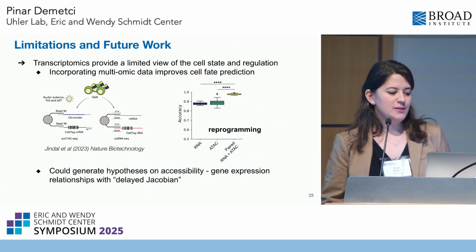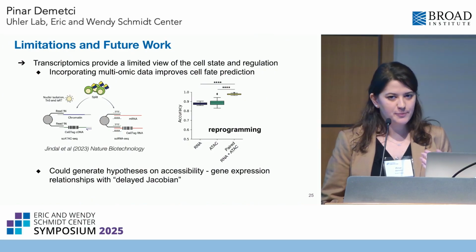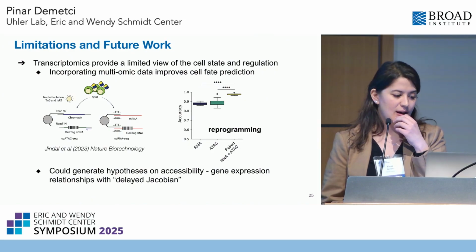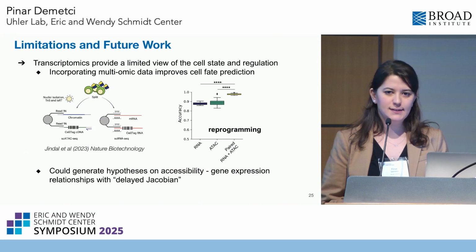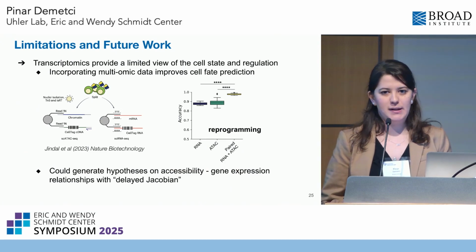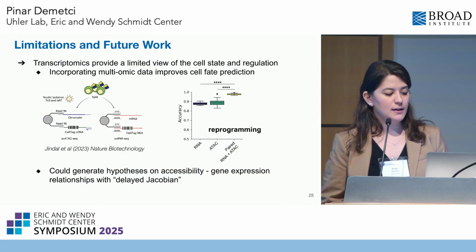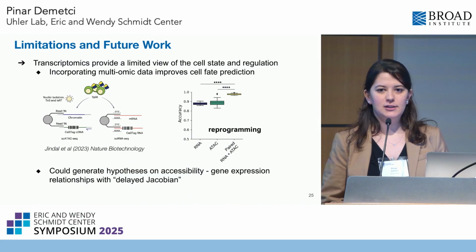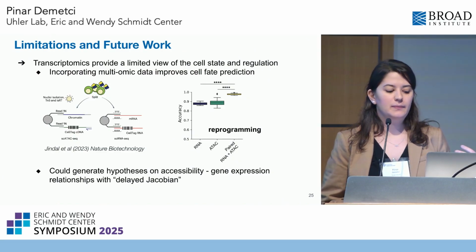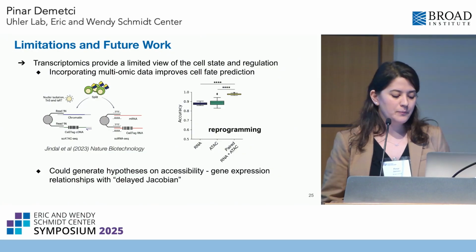Right, limitations. Of course, the transcriptomic data only provides one view of the cell state. So extending this to multiomic data would actually be very informative, not just only for regulatory interactions, but also when we look at lineage tracing data sets with multiomic data, we see that using both of the data resources actually increases the predictive power over progenitors by quite a lot.